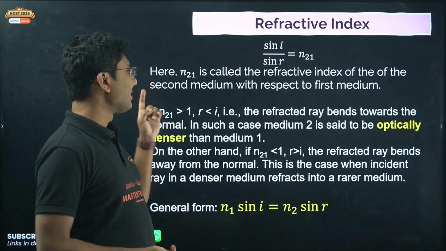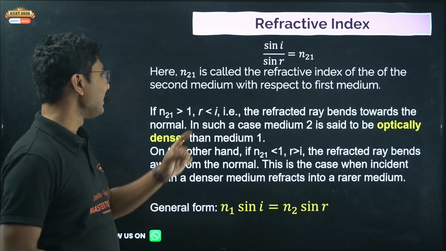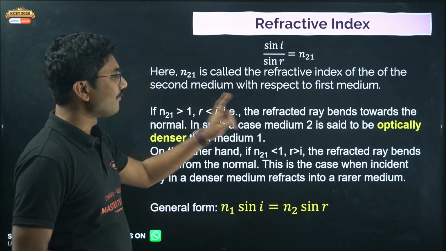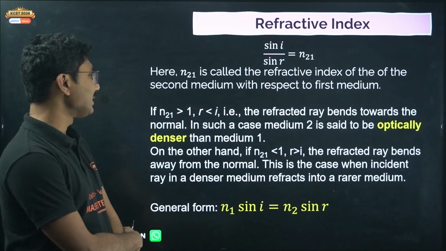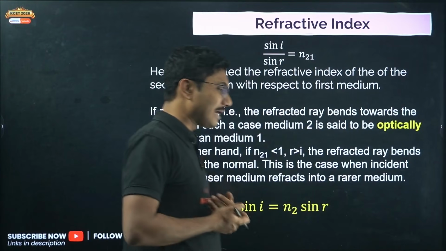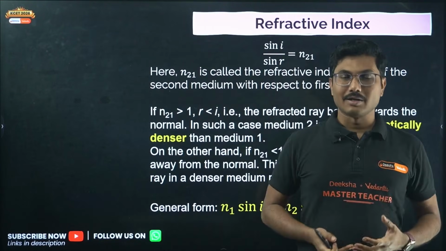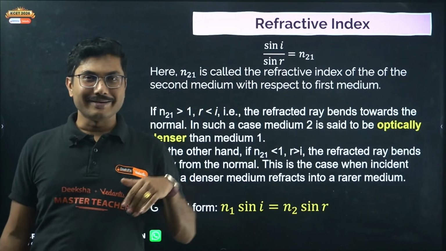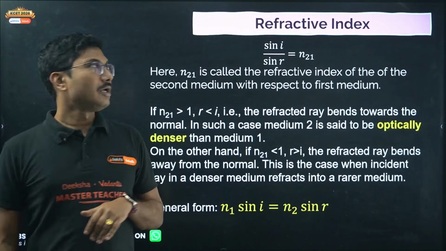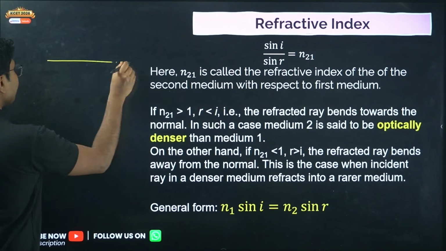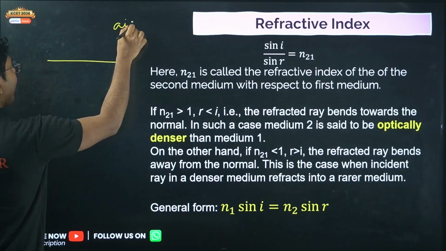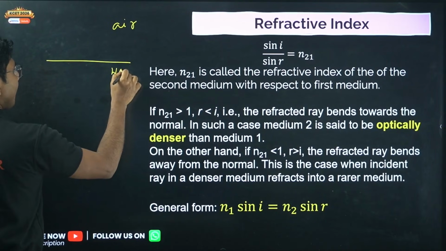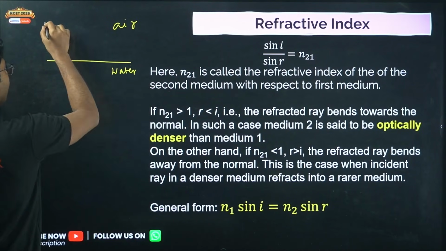If n21 is greater than 1, then r is less than i, that is, the refracted ray bends towards the normal. So if the second medium where the light is going is optically denser compared to the first medium, then the light ray bends towards the normal. So suppose this is air, suppose this is water. A ray of light travels from here.